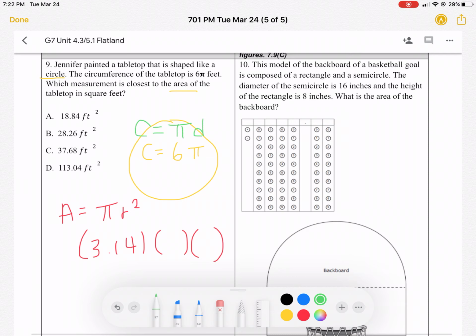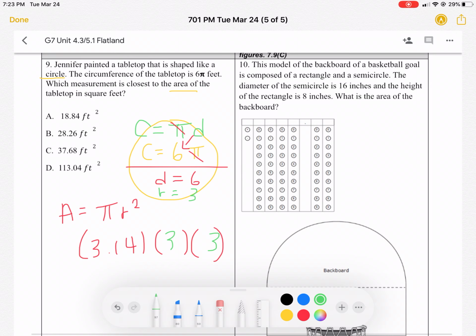And we're given the circumference is 6 times pi. So if I cancel out the pi, that means diameter is 6, which gives us that radius should be 3, since it should be half of it. That's all you do.